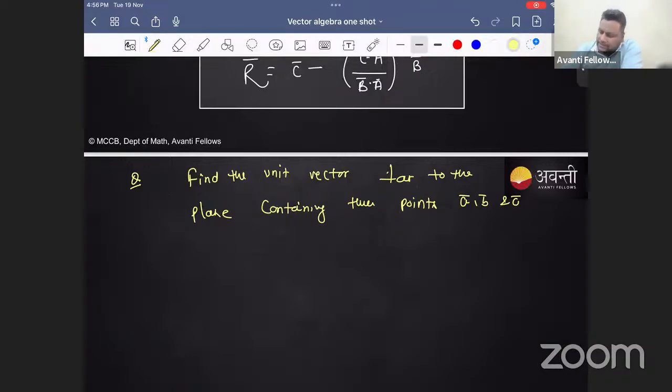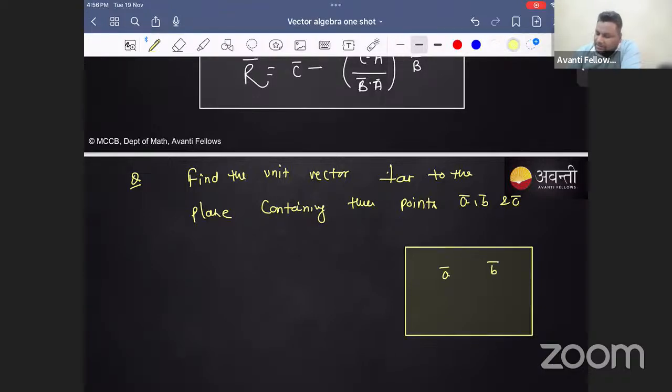Got it? See, now there is a plane. This is A, this is B, this is C. So if there are 3 points A, B, C, a vector perpendicular to the plane will be A cross B plus B cross C plus C cross A. Yes or no?